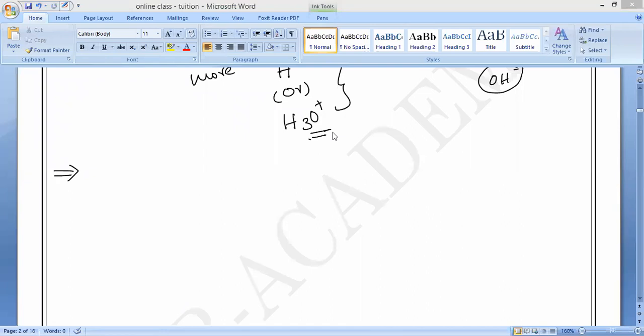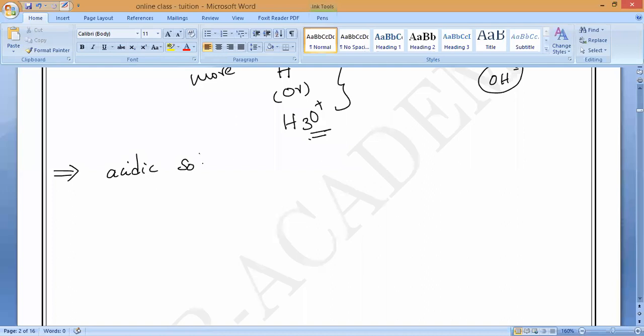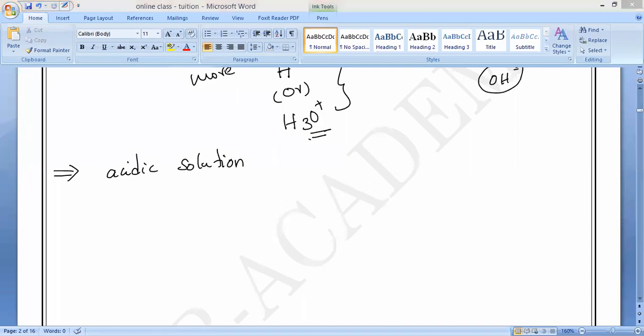That is what you have to remember. So from this I can write: acidic solution. Is it an aqueous solution or normal liquid state? Aqueous solution.